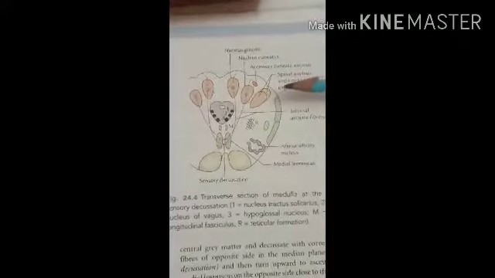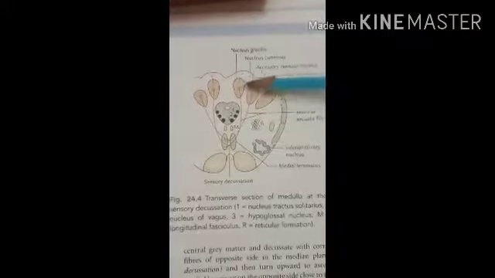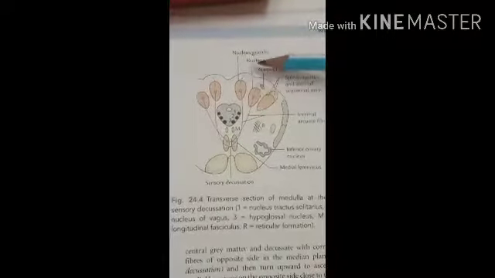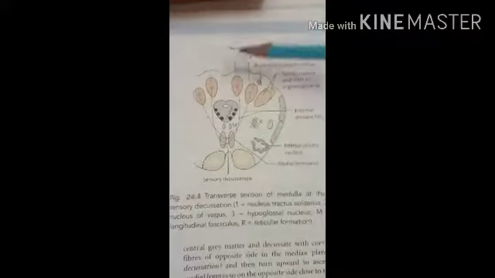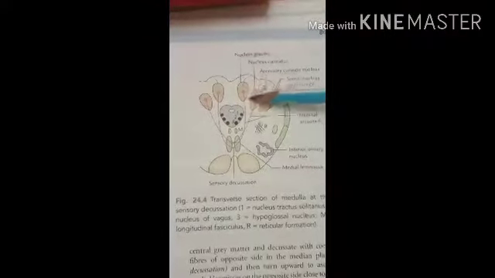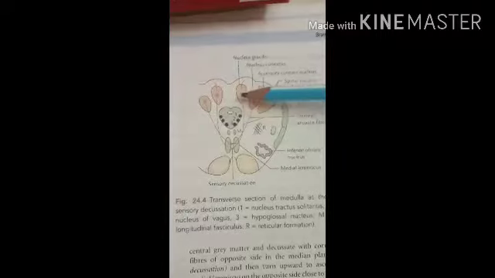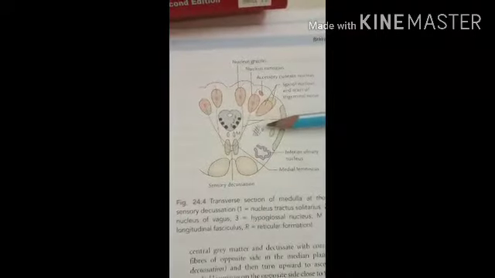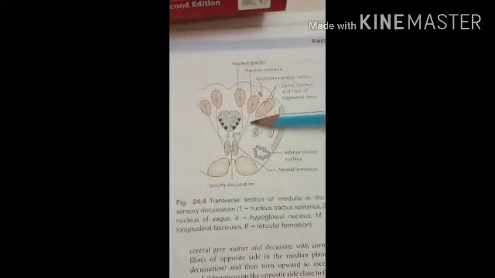Then the nucleus of gracilis and the nucleus of cuneatus are very much larger. Here you can see the nucleus of gracilis and the nucleus of cuneatus. In the first diagram it is very small, but at the sensory decussation level it should be much larger, and separate the central gray matter, forming the internal arcuate fibers.